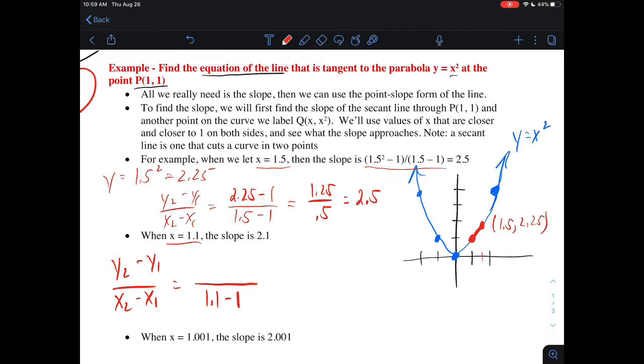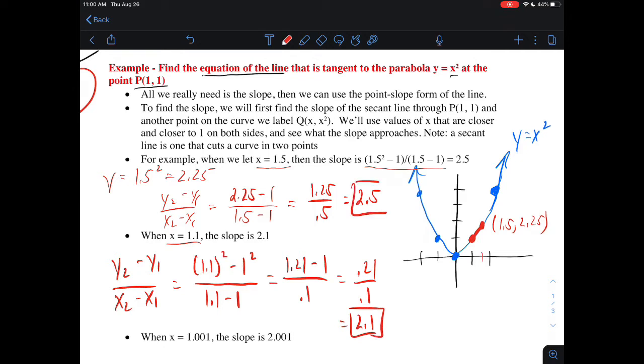And then to find the y values, remember you can just use the function, so 1.1 squared minus 1 squared. So then 1.1 squared is 1.21 minus 1 squared, which is 1, and then 1.1 minus 1 is 0.1, and then 0.21 divided by 0.1, that is 2.1.